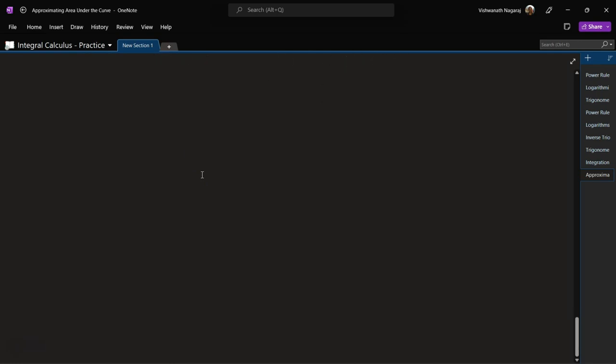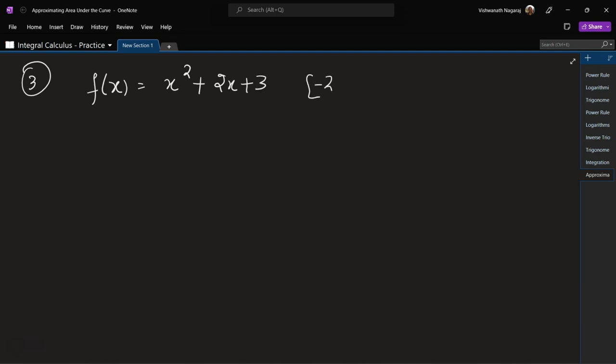Let's look at the third problem. The third one is f of x equal to x squared plus 2x plus 3 in the interval minus 2 to 2. So x, f of x. Again, we break up as usual. See, if the intervals are different, we need to be careful about that.